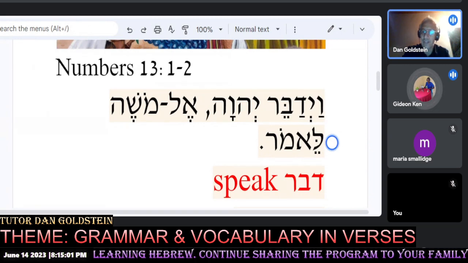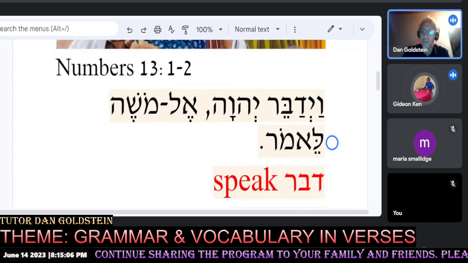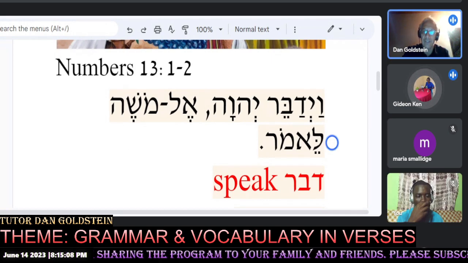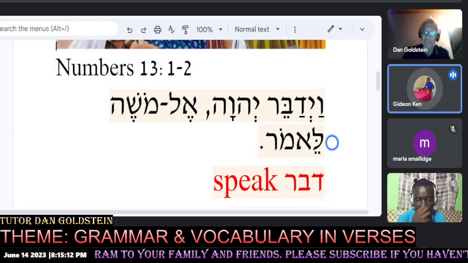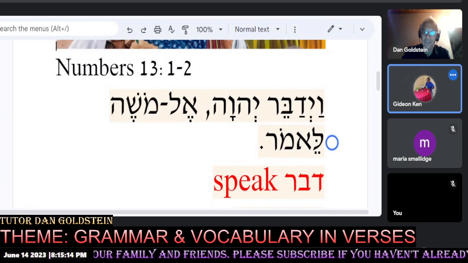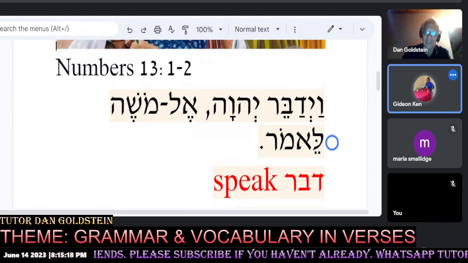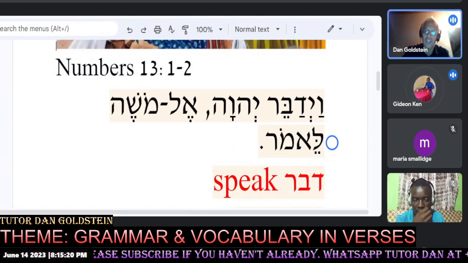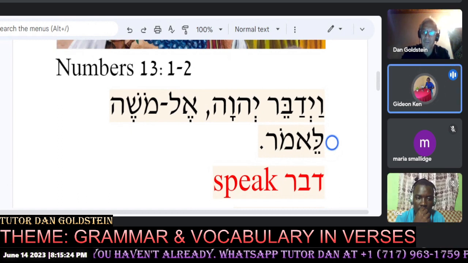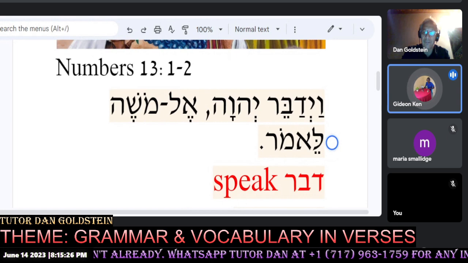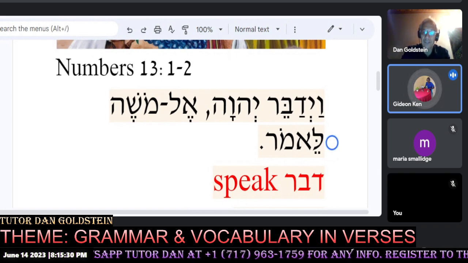So let's translate this. Gideon, you can probably translate this sentence. That one is very simple to translate. Give it a shot. Give it to us in Hebrew first, and then in English. Vaidaber Yehovah El Moshe Lemor.